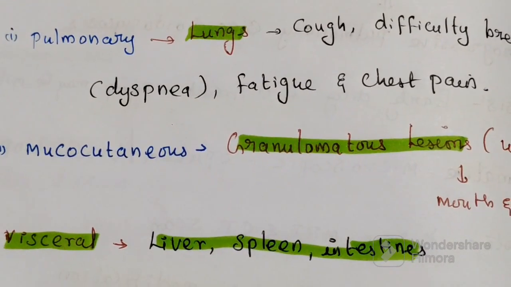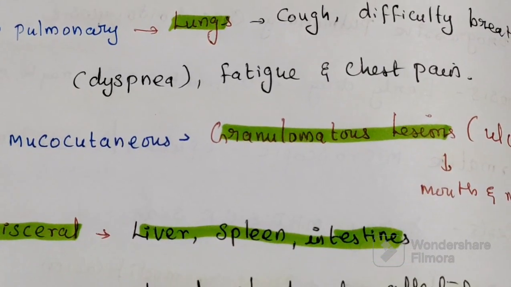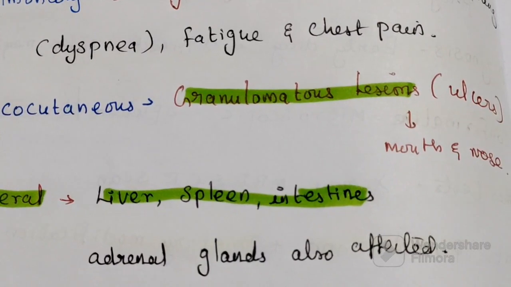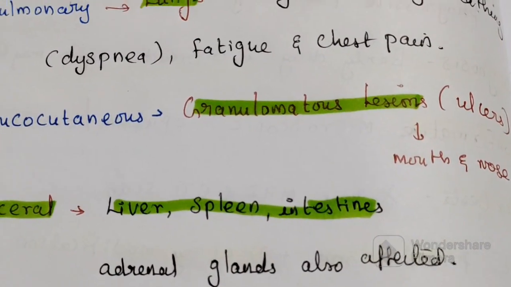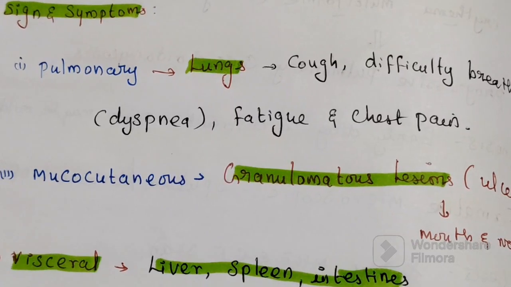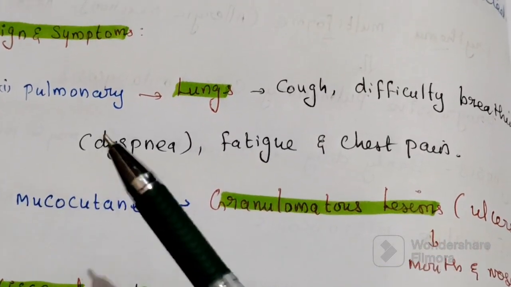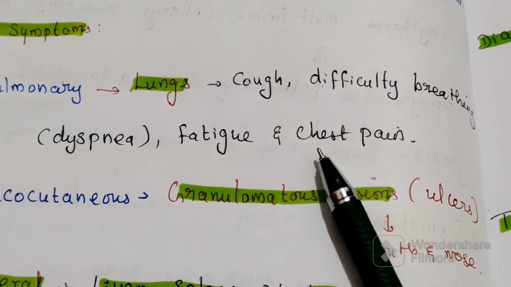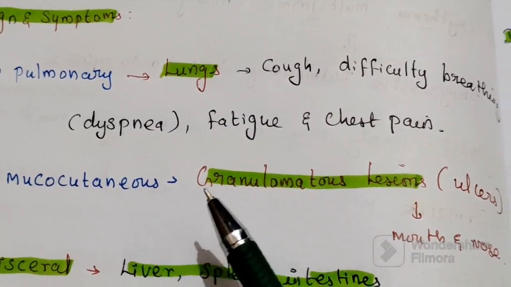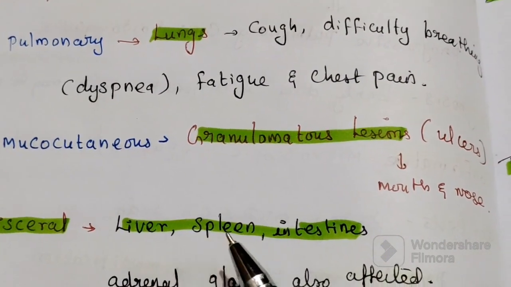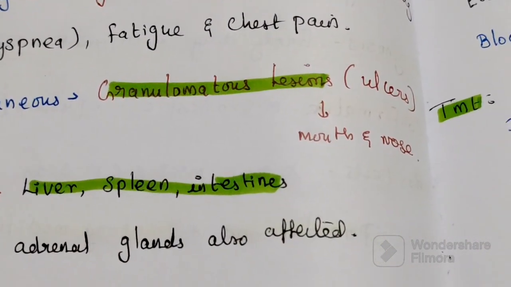In the visceral form, it causes infection in the liver, spleen, intestine, and adrenal gland. So signs and symptoms vary from organ to organ.